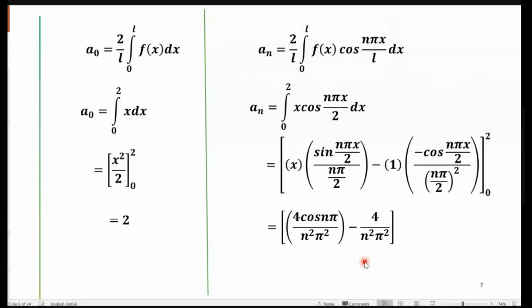If we take 4/n square pi square common, we can write minus 1 raised to n minus 1. Cos n pi is minus 1 raised to n. So a n is 4 into minus 1 raised to n minus 1 upon n square pi square.